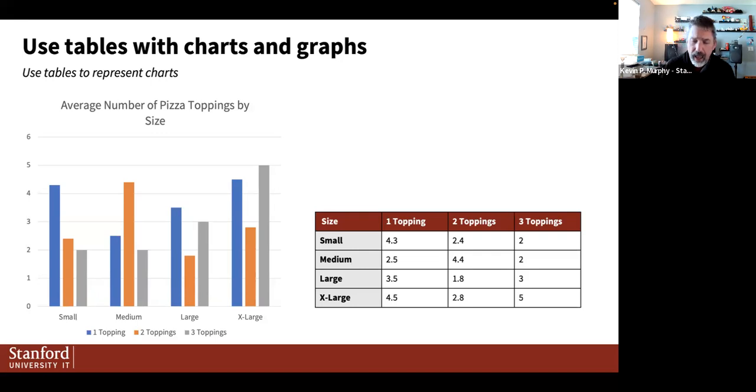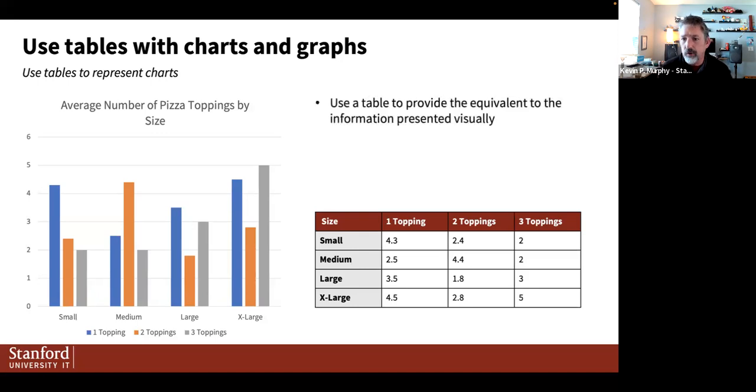So in which case, have a table. Use a table to provide the equivalent information that's presented visually. And you can take this table and make it visible for everybody, or make it only visible for users of assistive technology with a hidden link or something. But however you do it, you can make that information available to the screen reader users.